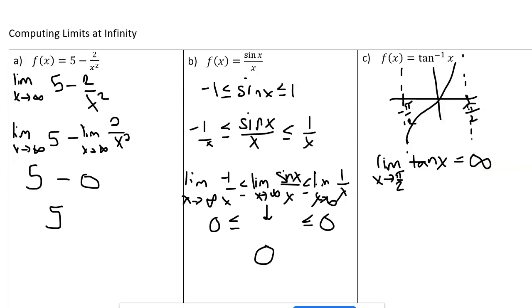If we apply inverse functions and we switch our input and our output, it goes to show that the limit as x approaches infinity of inverse tan x should be pi halves. But you can always check this with a graphing calculator and just graph the inverse tangent function and watch as it's bounded above. So these are all evaluated for positive infinity, but you could repeat each example and find the limit as x approaches negative infinity, following all of the same logic.